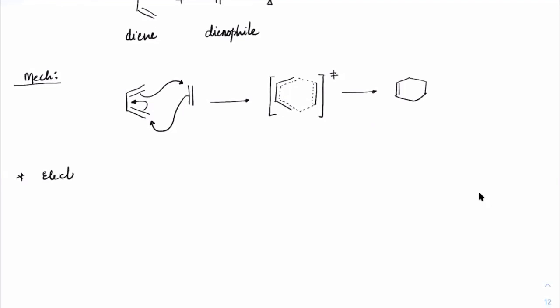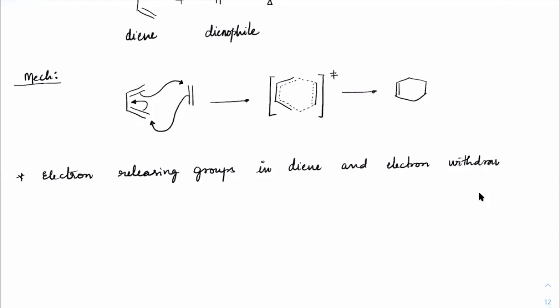If we have electron releasing groups in the diene and electron withdrawing groups in the dienophile, it favors this reaction.